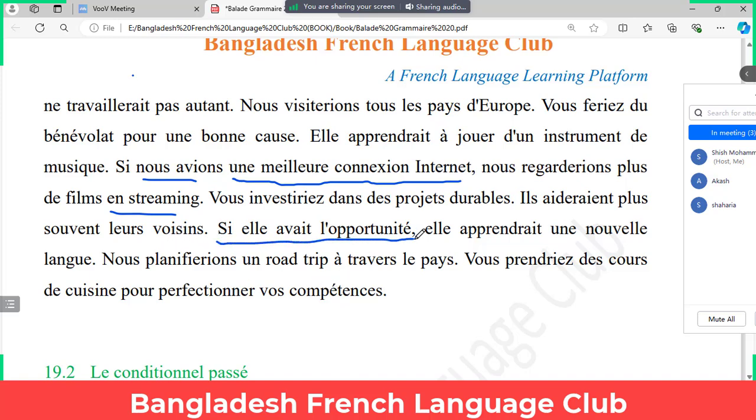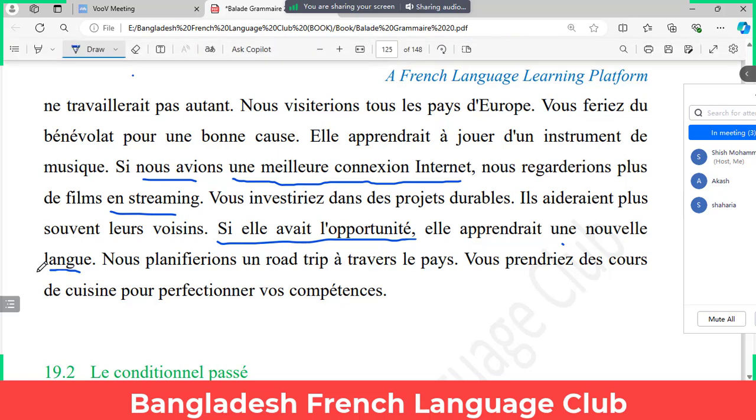Could you please read this one? Si elle avait l'opportunité, elle apprendrait une nouvelle langue.